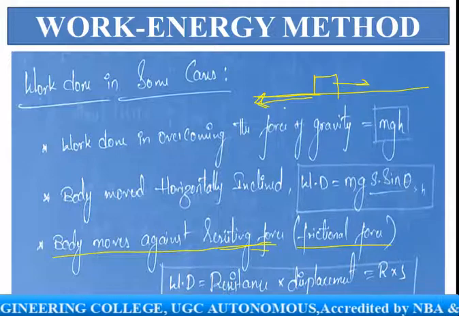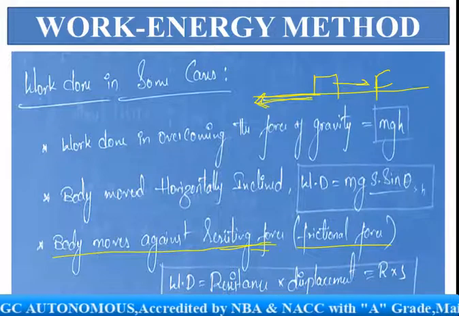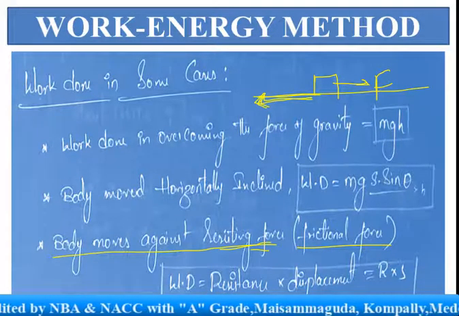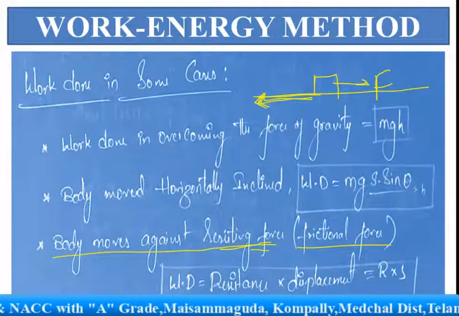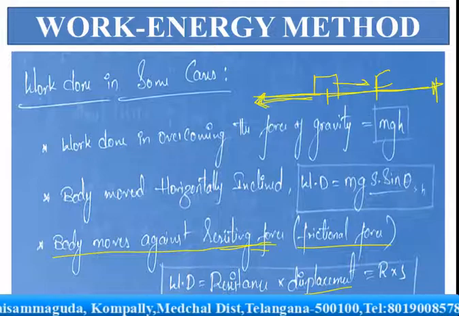Then what's your work done? We require this force, and this force is equal to your resisting force. So the work done is the resisting force, the frictional force, into your displacement, how much you moved the body from one point to another point, right?